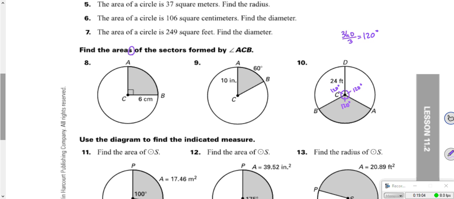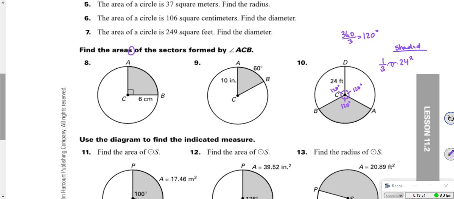Now, each one of those is 1/3, right? So if I'm going to find the area, let's start with the shaded. If I'm going to find the area of the shaded, it's going to be 1/3 or 120 over 360 times pi r squared.